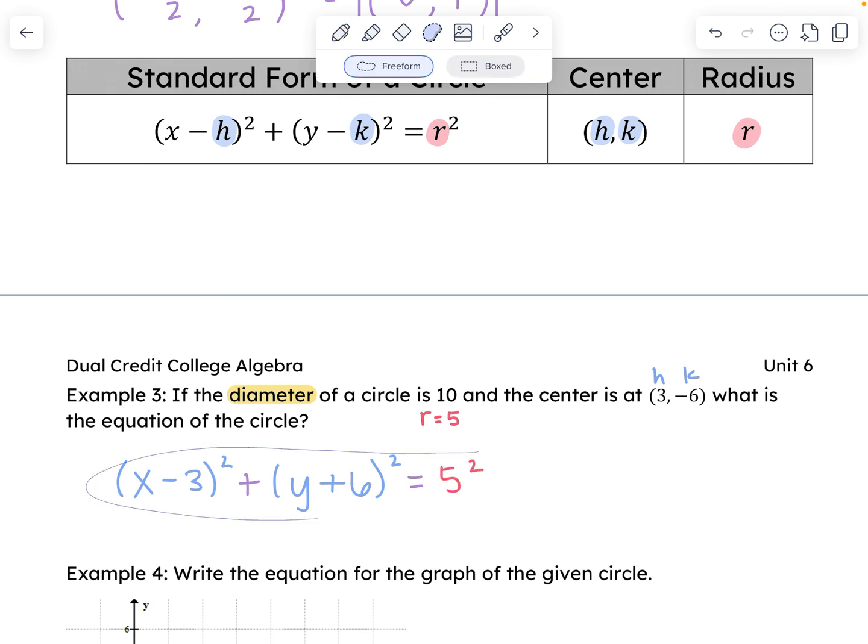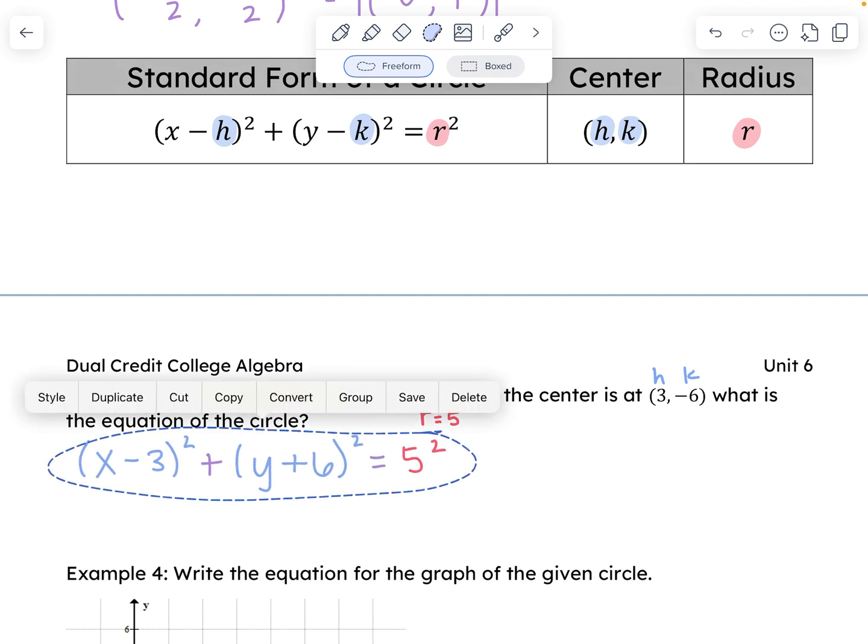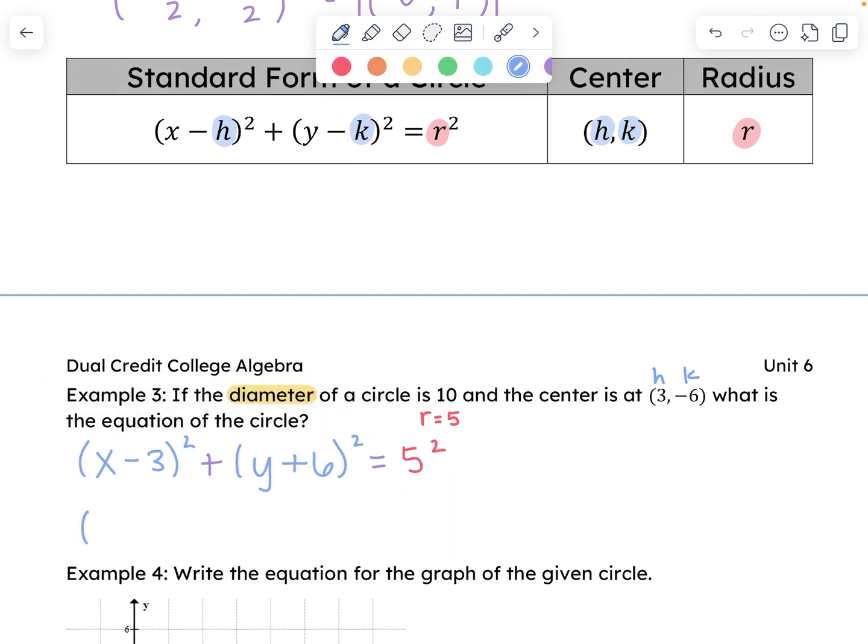Now we don't leave it as 5 squared, we do need to actually go ahead and simplify that. So I'm going to get (x minus 3) squared plus (y plus 6) squared equals, and instead of 5 squared, it's going to equal 25. And that would be my equation for my circle.